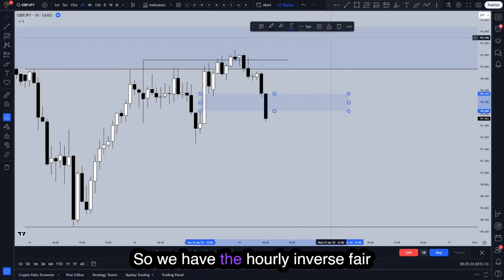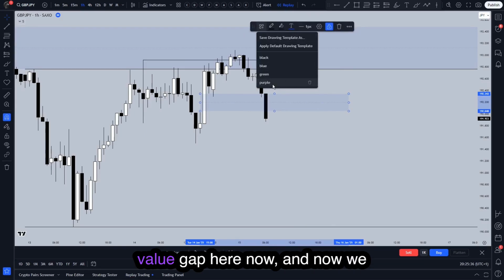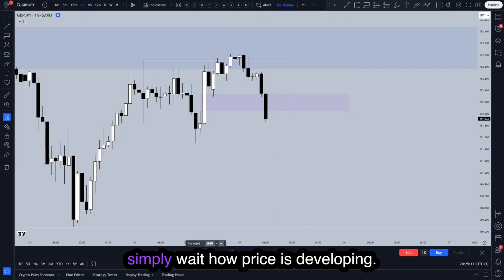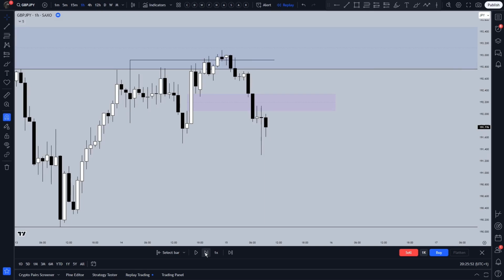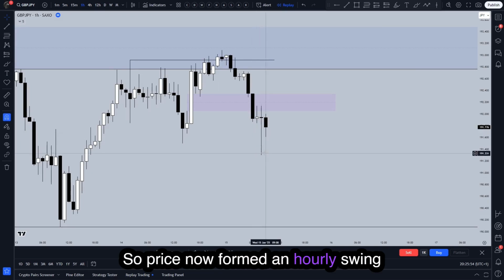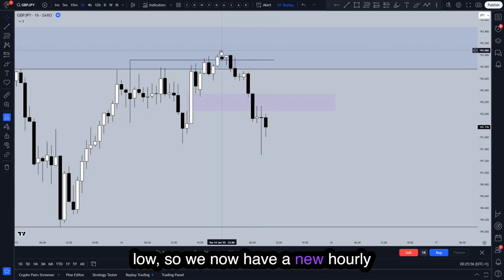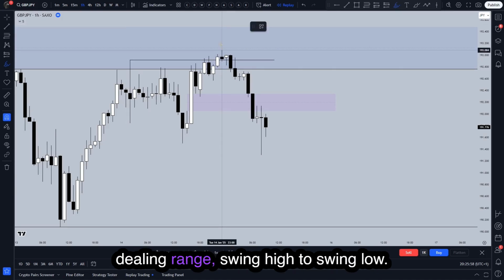So we have the hourly inverse fair value gap here now, and now we simply wait how price is developing. So price now formed an hourly swing low, so we now have a new hourly dealing range, swing high to swing low.